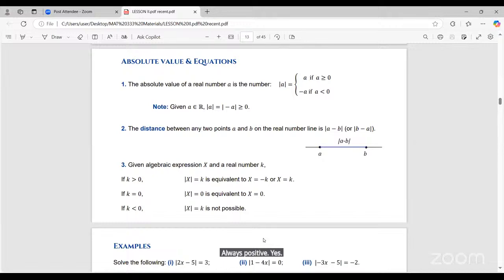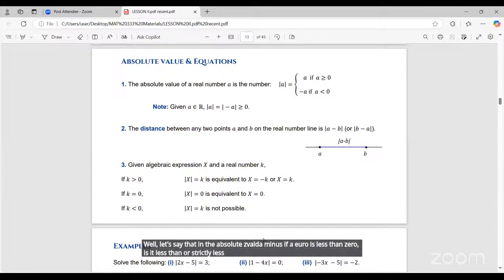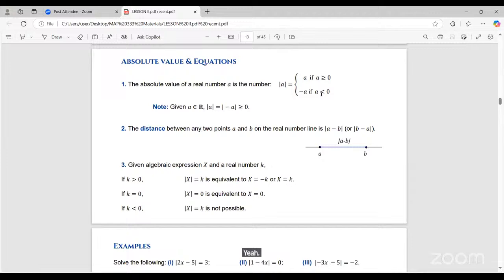Okay, I wanted to say that the absolute value, that minus A, if A, you wrote less than 0, is it less than or strictly less than 0? Yes, minus A if A is strictly less than 0, that is there.